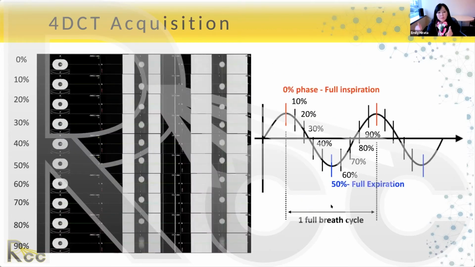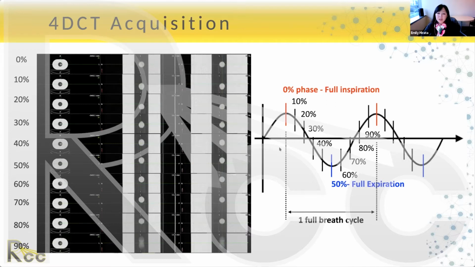So when we talk about binning, what I have on the left is a phantom. It's from Modus Medical, and it's a motion phantom. And when I talk about binning, what I mean is the scanner will take images associated with the 0% phase, each of the 0% phases.